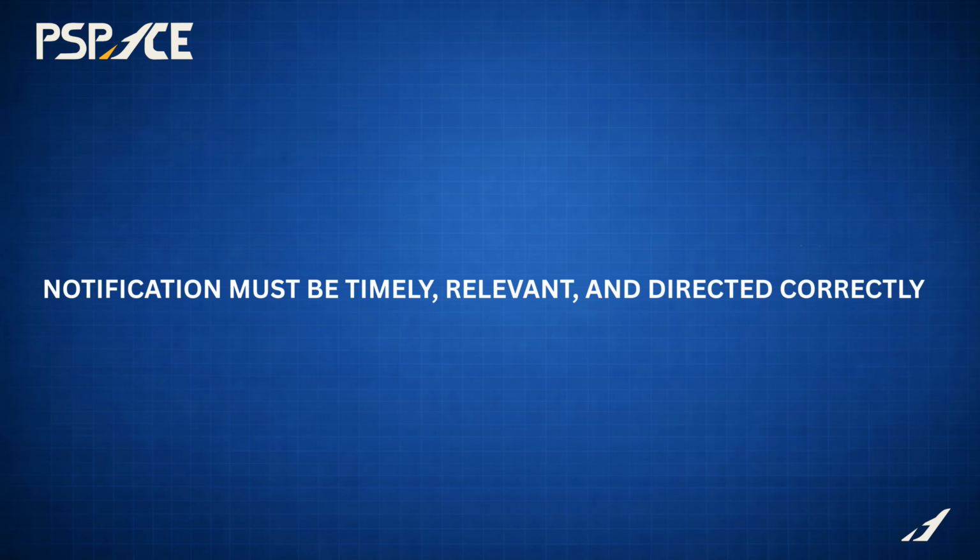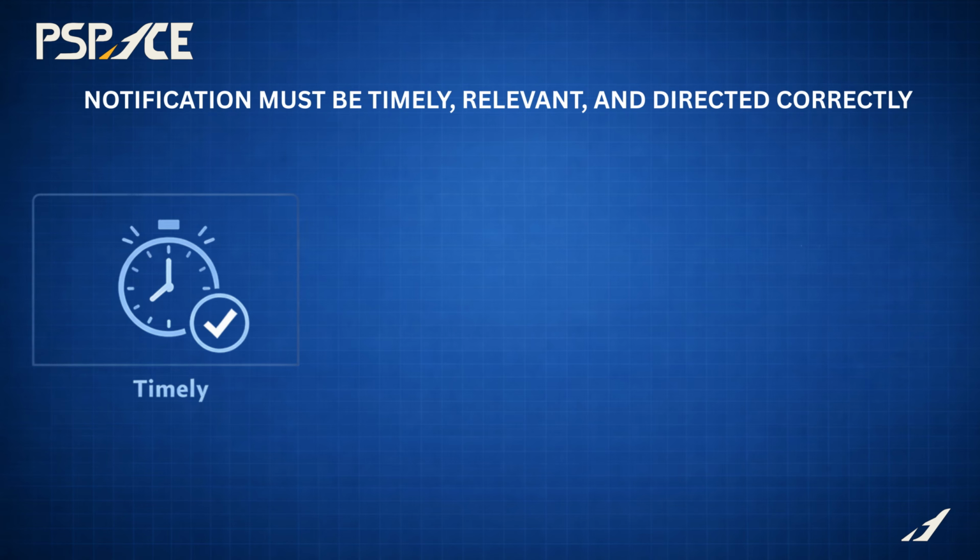The quality of ATS notification matters just as much as the fact of making it. A late notification may leave ATS reacting after the situation has already affected traffic handling. A vague notification may force the controller to spend time clarifying what the crew actually mean.